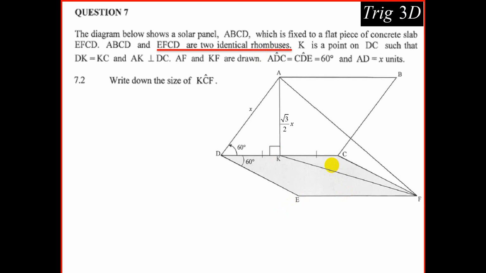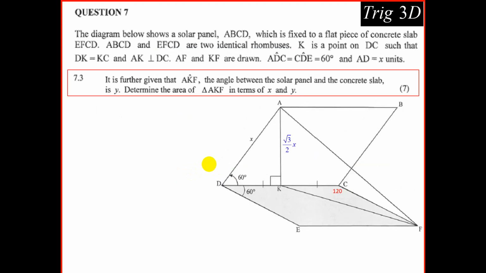And if it is a rhombus, then we know that angle D and angle C must add up to 180 degrees, co-interior angles. So we can say that KCF is equal to 180 minus 60, which gives us 120 degrees. And the reason is it is a rhombus.